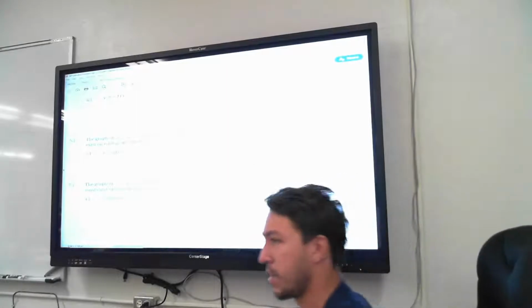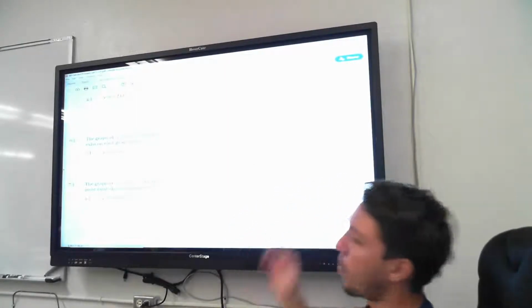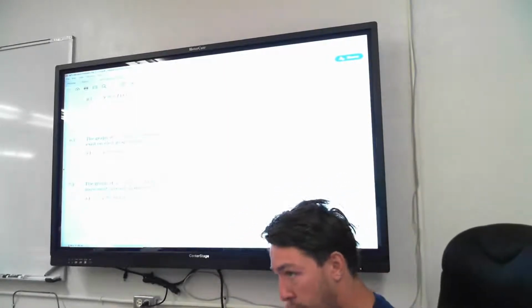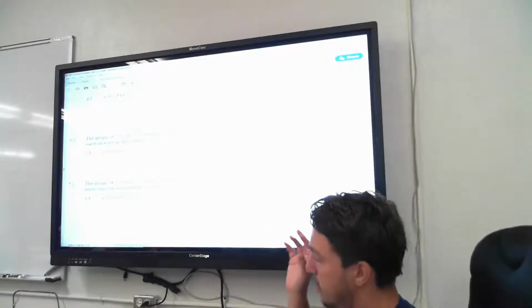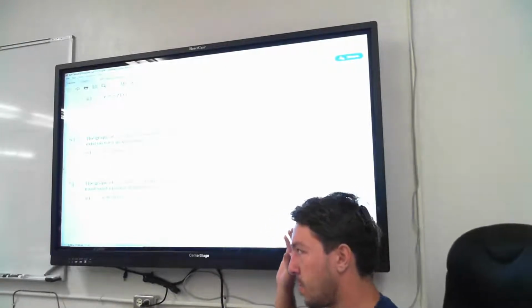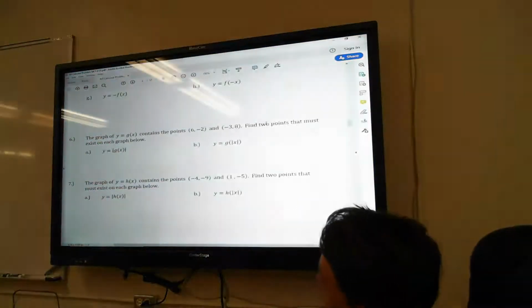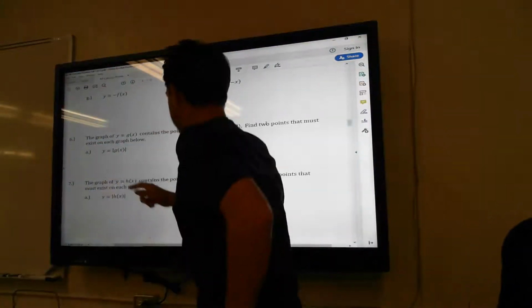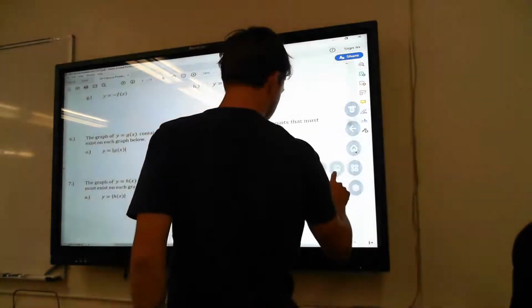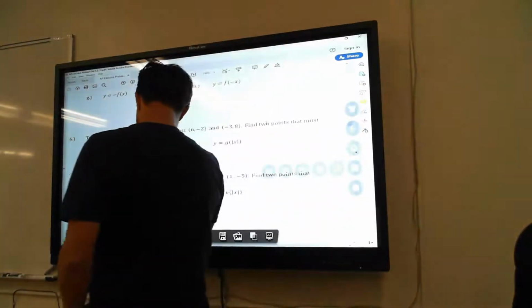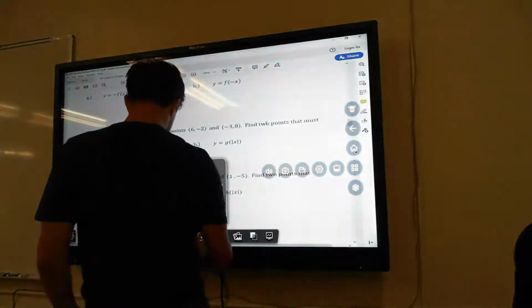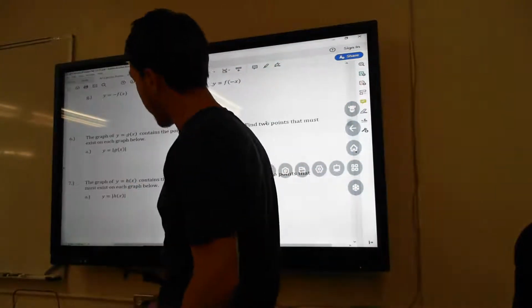Those are 2 points that live on the graph. I gave you 2 points instead of 1 point for a reason, because this is more of a nuanced effect. Let's show by example what the effect is. Look at this one here, absolute value of g of x.